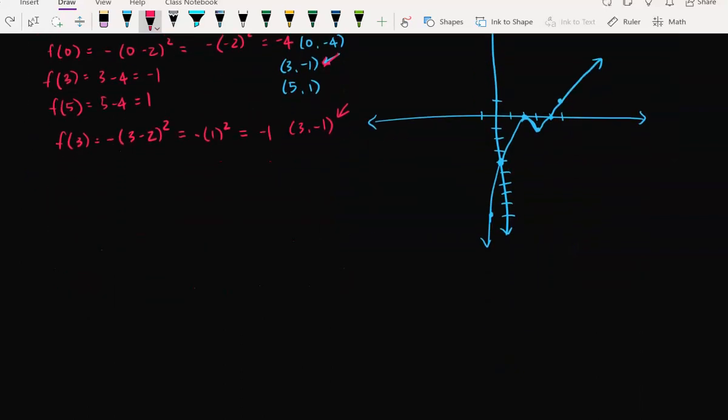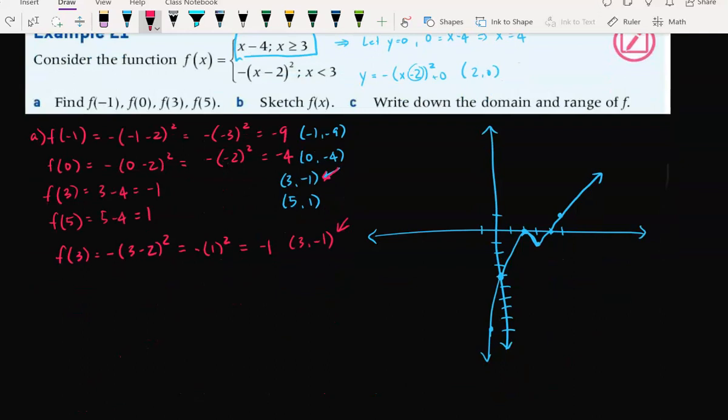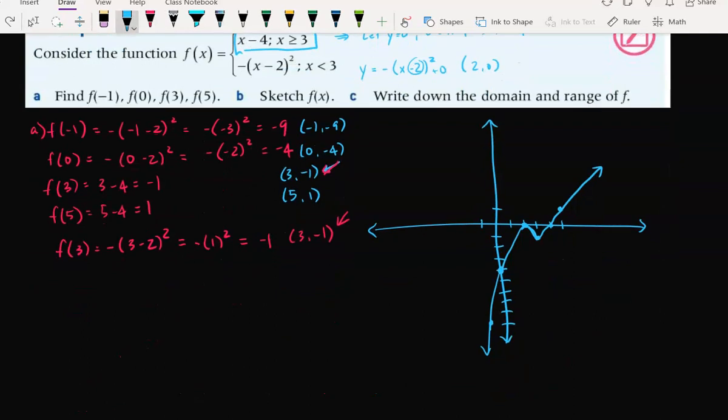Okay, let's do the next one. Oh no, we have not finished. Write down the domain and range for part C. Domain. What's the domain? All real numbers. Yes. Linear function domain, all real numbers.